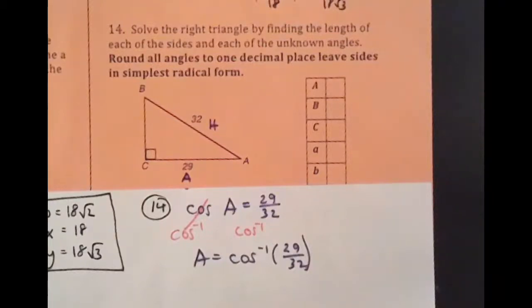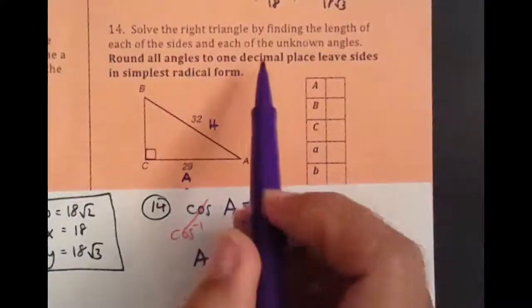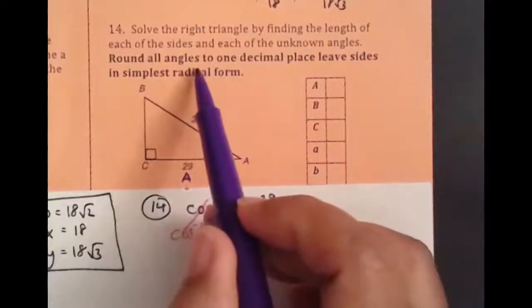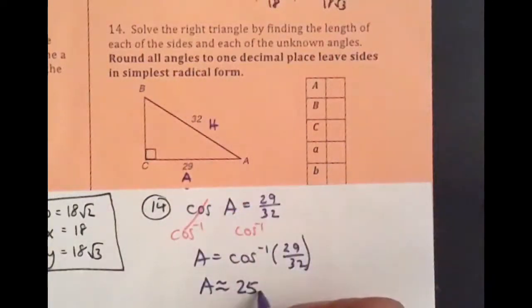Then you get approximately 25. Let's see, does it say what to round off to? Round all angles to 1 decimal place. So 25.0 degrees.